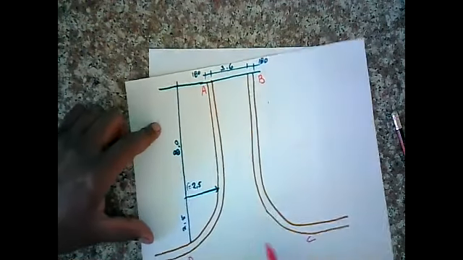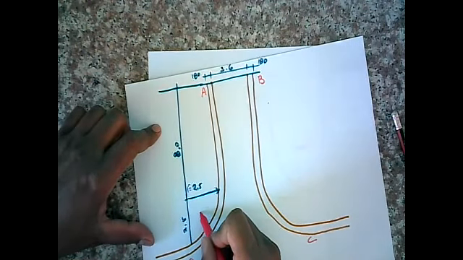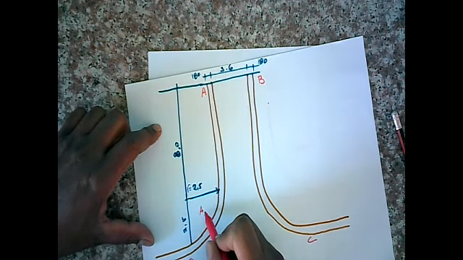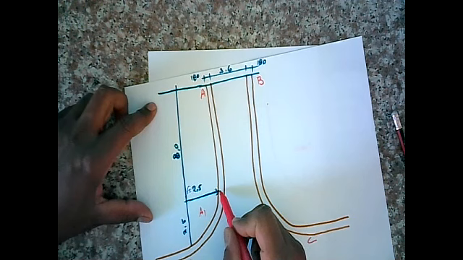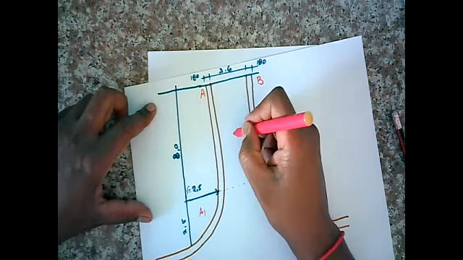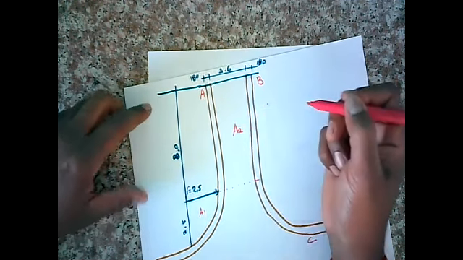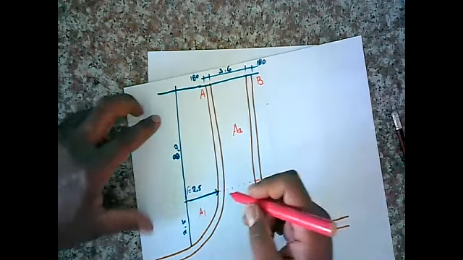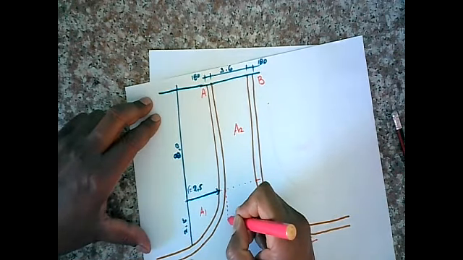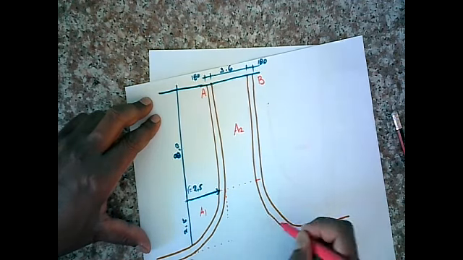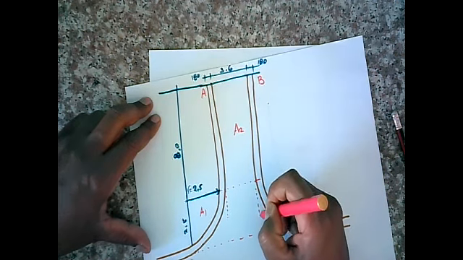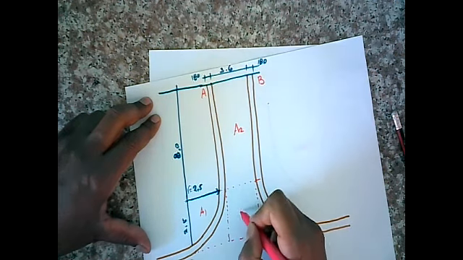All right, now let's call this area here area 1. And then let's cut it off here and call this area 2. And let's do an interesting one here, A3.